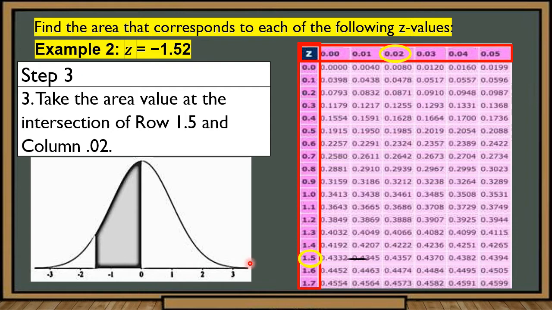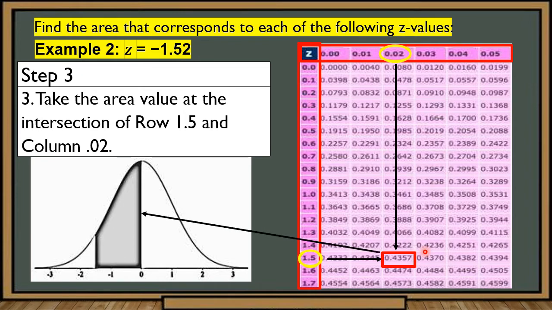So, by doing that, dapat matatalas yung mga paningin nyo, saan ba sila nag-intersect, saan sila nagkasundo or nag-coincide. Saan sila nag-coincide or nagtagpo. So, andito siya. Sila yung pinagtagpo at tinadhana sa area na 0.4357 or 4,357 10,000. So, this is their area intersection.